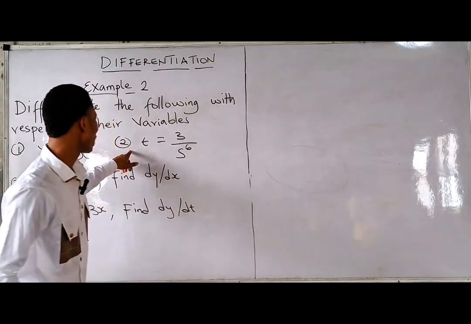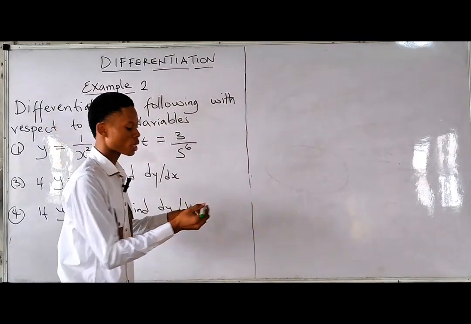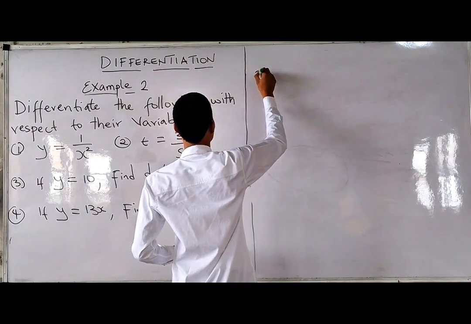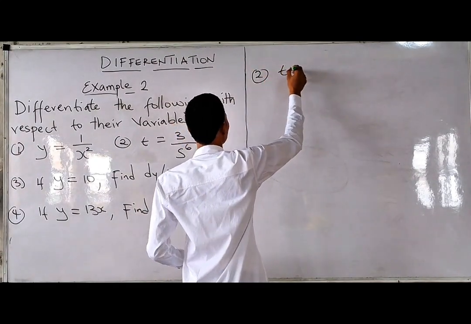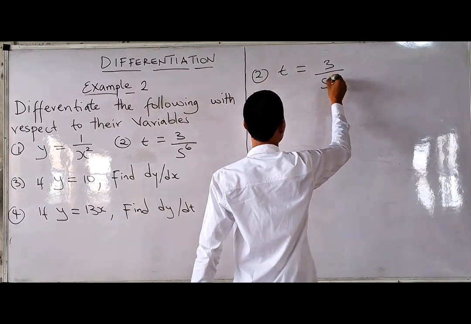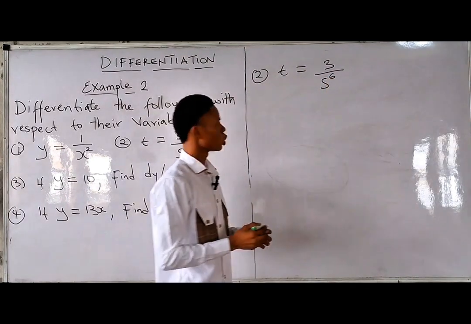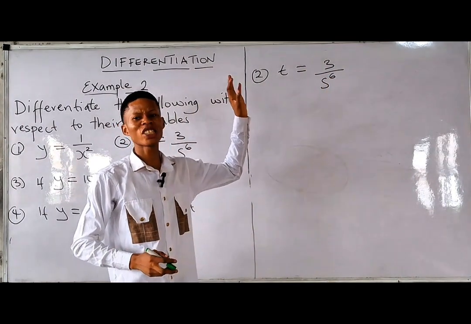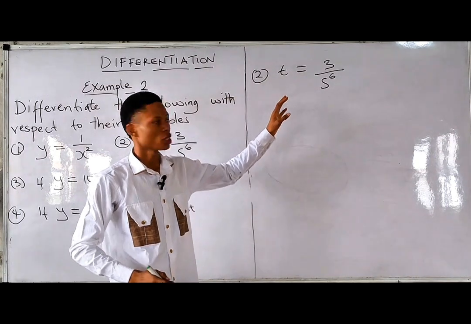Let's solve number 2 together. We have to differentiate. This is equation number 2. t equal to 3 over s raised to the power 6, right? Good. Now if we are to differentiate this, are we together?